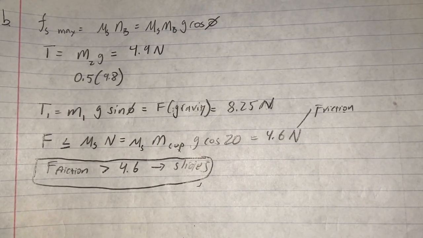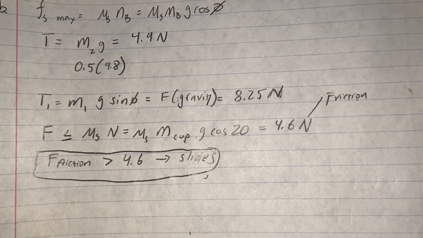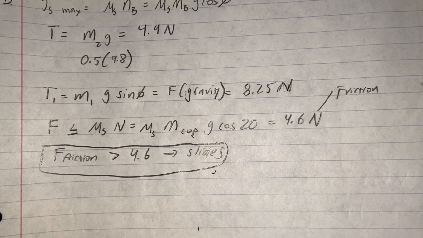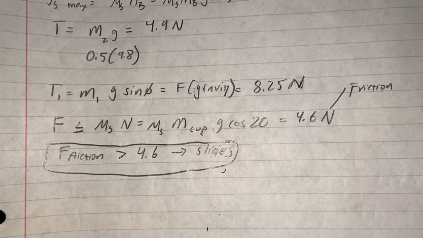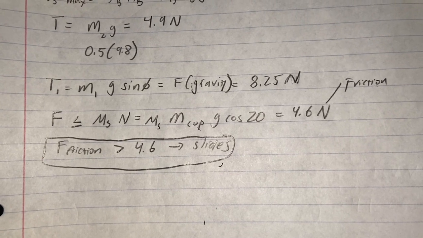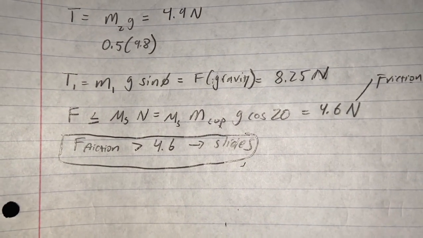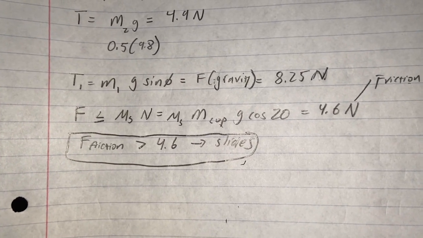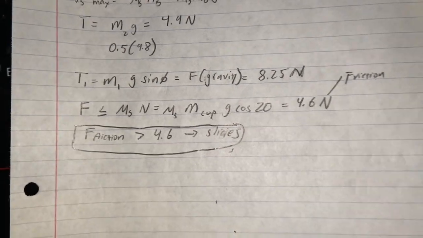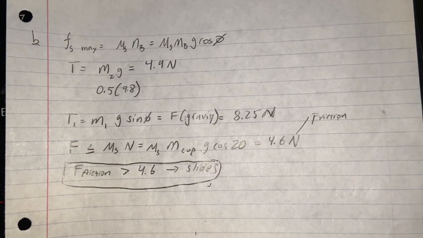From previously, we know that the force of gravity was 8.25 newtons, and the friction force is 4.6 newtons. Being that the force of friction is less than the force of gravity (I made a slight typo there, it should say F gravity, not F friction), the force of gravity is greater, so it's going to slide.